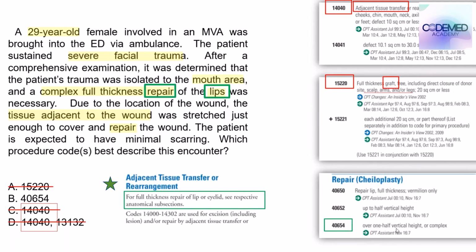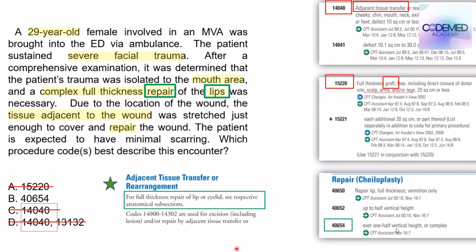So at the beginning of the adjacent tissue transfer, there is a very important guideline that for the full thickness repair of the lip or eyelid, see the respective anatomical subsection. And so in this case, there is a complex full thickness repair of the lips, for which we cannot pick up the code from the adjacent tissue transfer, though the tissue has been taken from the adjacent area, because there is a full thickness repair.